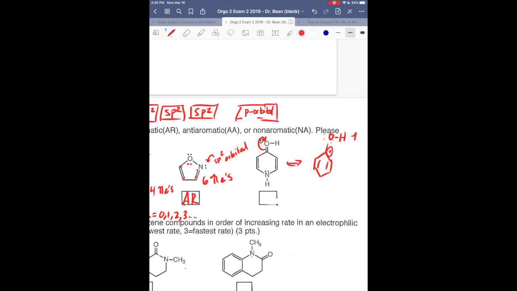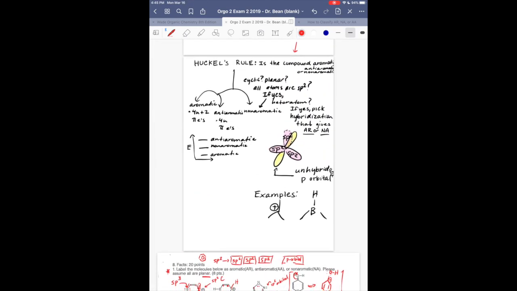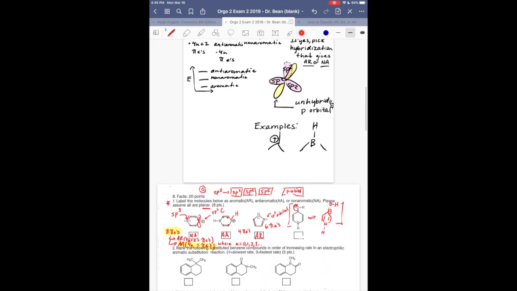Get a positive charge. So the positive charge has now been displaced down to the carbon. So now let's ask ourselves, and of course we have a nitrogen here, in terms of these rules that we had up here: cyclic, planar, all atoms sp2, and so on, right?